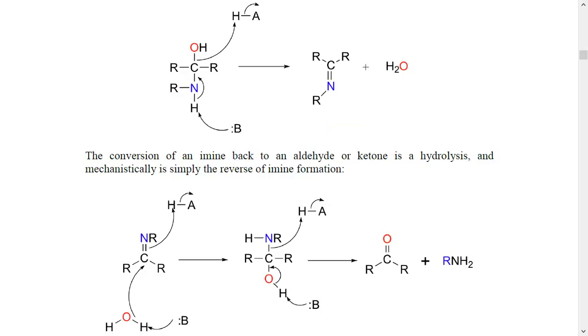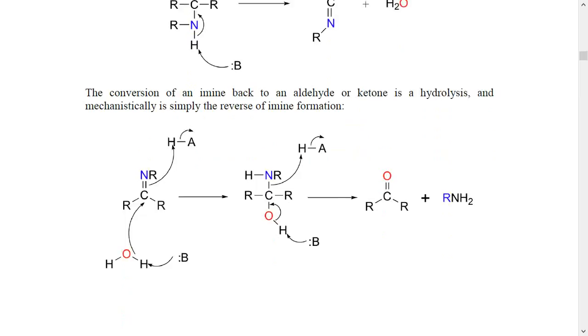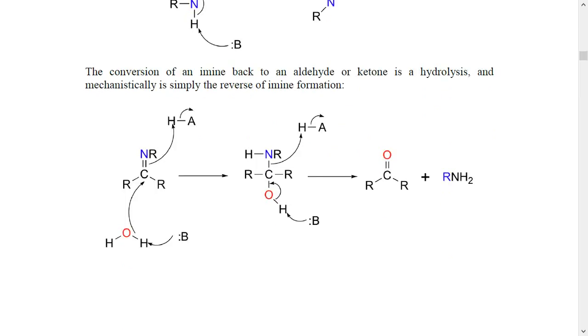And then if it does, where will that bond be? That bond would be with nitrogen, because those pi electrons are going to move towards nitrogen. So you will have now another hydrogen attached to nitrogen.